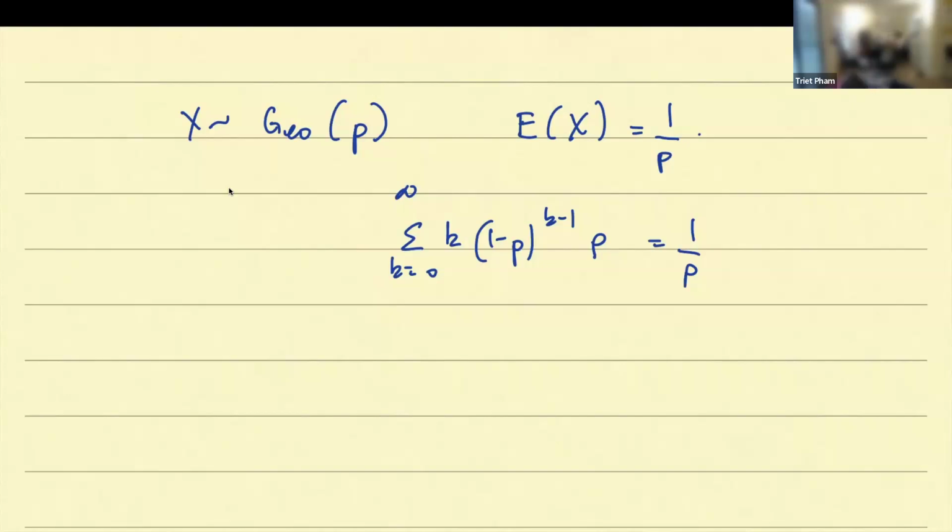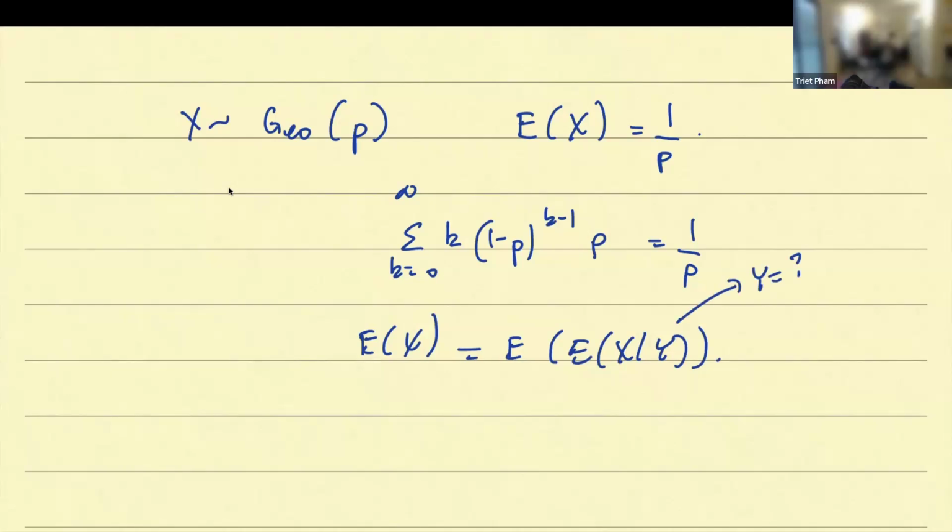So what do we condition on here? Again, the object that we need to find is the expectation of X, which is the expectation of the expectation of X given Y. The key in a lot of these total expectation problems is to find the appropriate random variable to condition on. You find the right one, the problem becomes very easy.